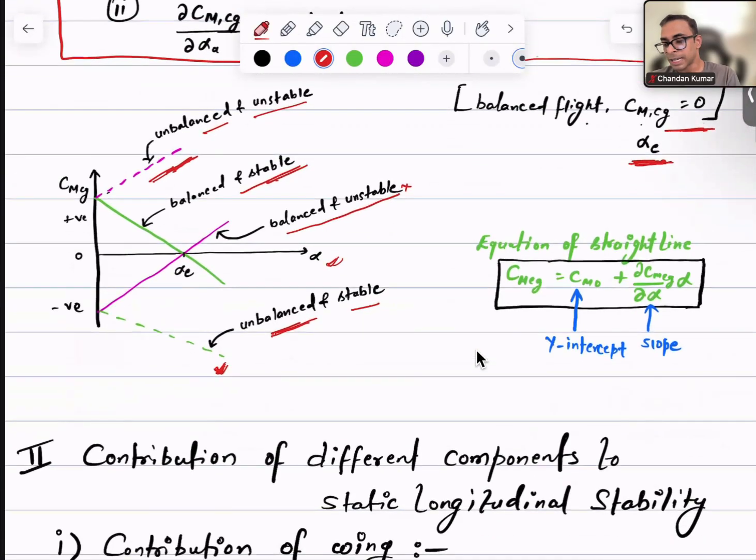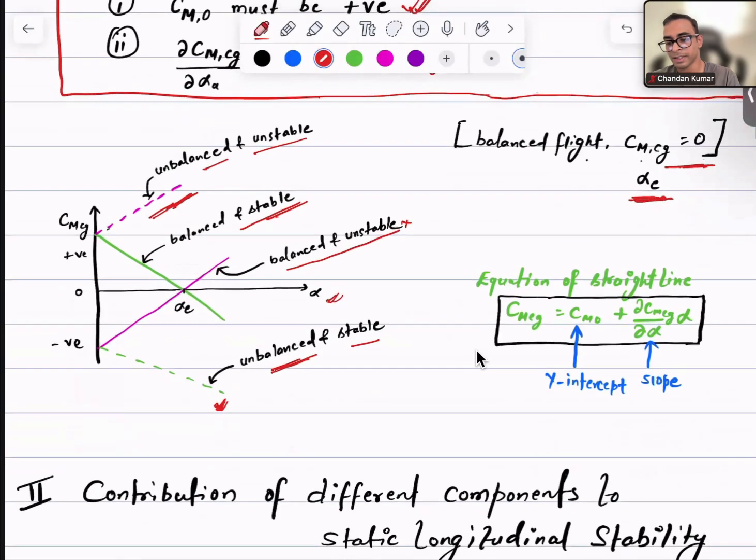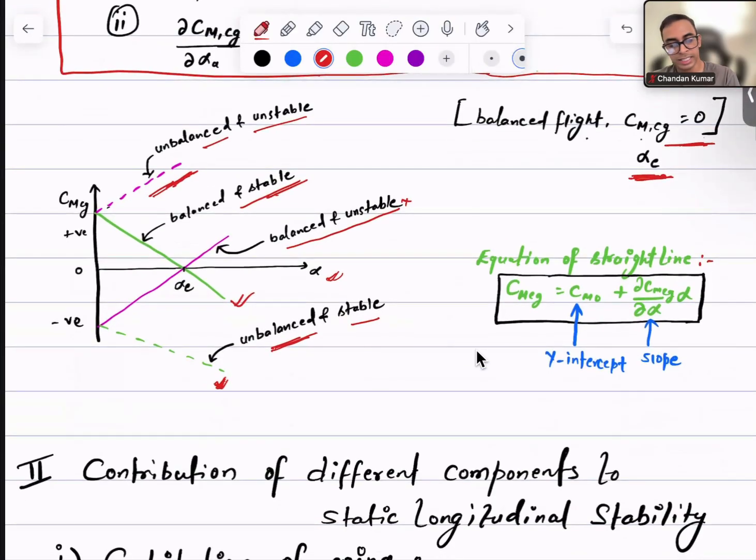So now we have established the criteria for having longitudinal stability. The green line that we are seeing can be expressed in a straight line form, where the first term is the y-intercept, that is the moment at zero angle of attack, and the second term is the slope multiplied by the angle of attack.